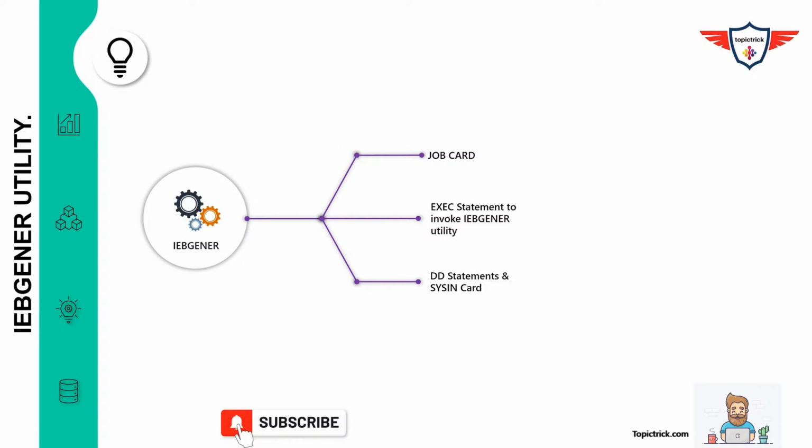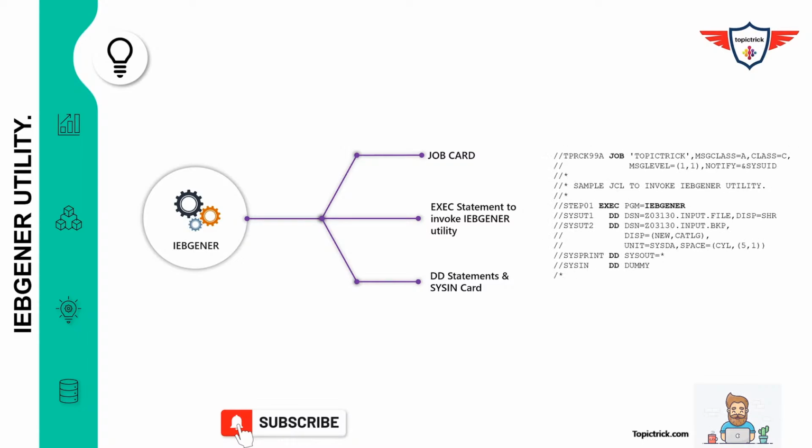After that, you need a couple of DD statements and a SYSIN card, which is required in case you are doing a reformat, and in case you are not doing any kind of reformat, then you need to specify SYSIN as dummy. So here's a sample JCL that outlines how an IEBGENER utility is used to take backup. The first two lines are a job card. After that you have a comment section.